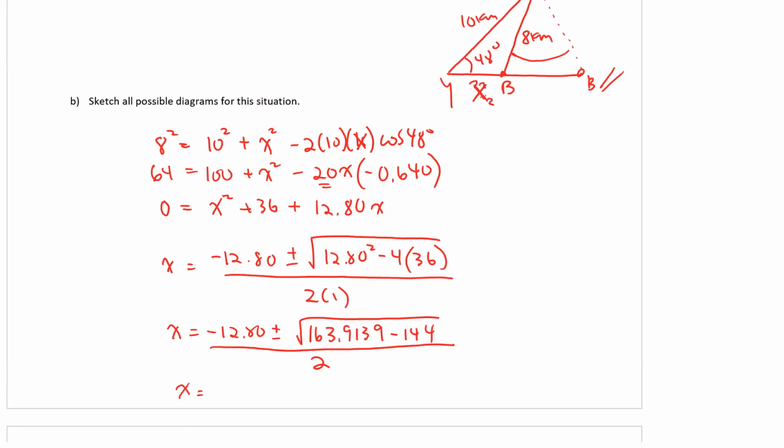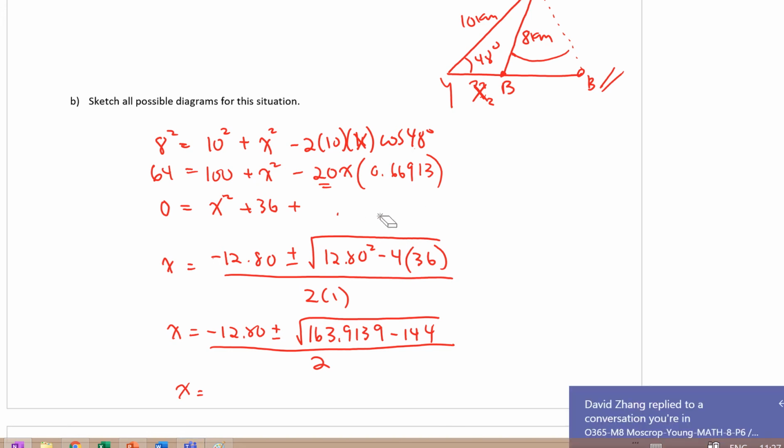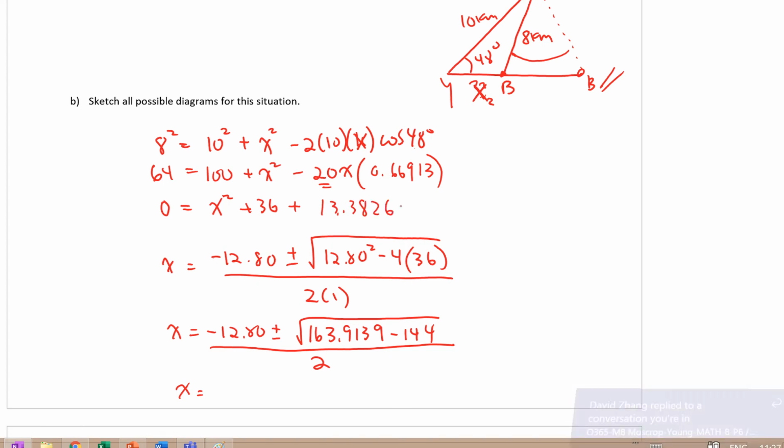Okay, I just realized I made a mistake. This is not 0.640 because it was in reading mode. So this should be 0.66913, and then if I multiply this by 20, this becomes 13.3826x, and this should be a minus here now.